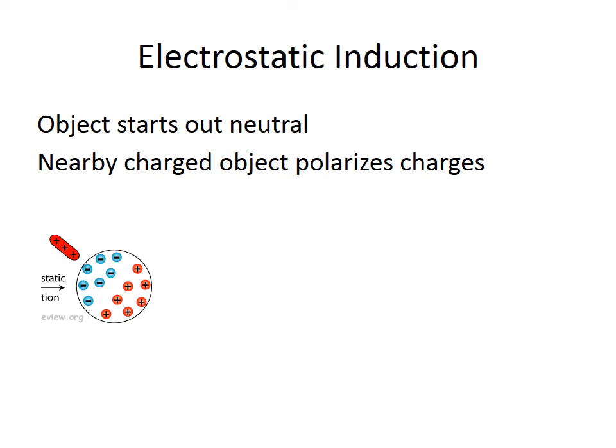And you can see that what it did is it attracted the negative charges to it. And it left the positive charges there on the opposite side. So now it's polarized. The charges are separated. That's what electrostatic induction is.